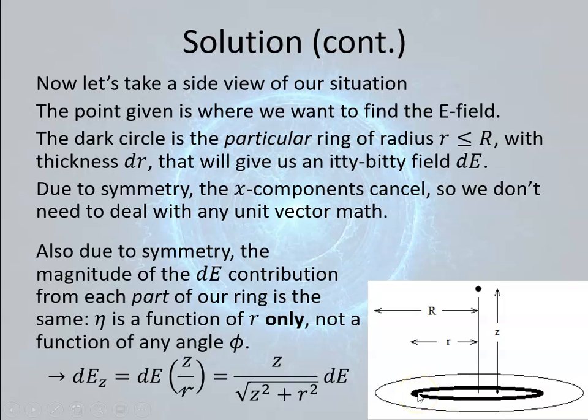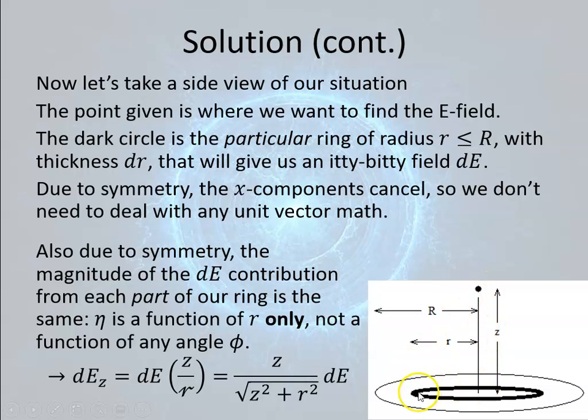That'll be equal to that dE times z over curly r. In other words, times the sine of the angle that's above the plane going toward my point. So the sine of that angle, well, that's opposite over hypotenuse.